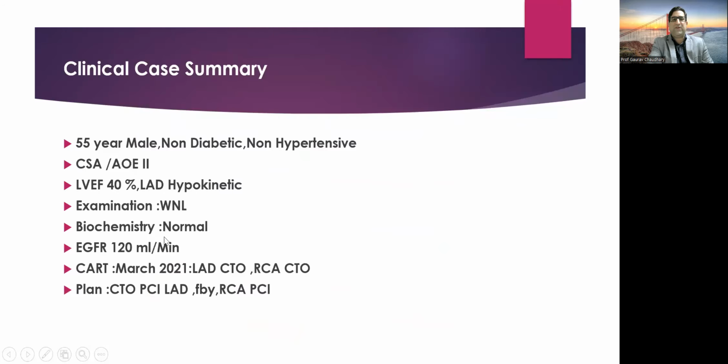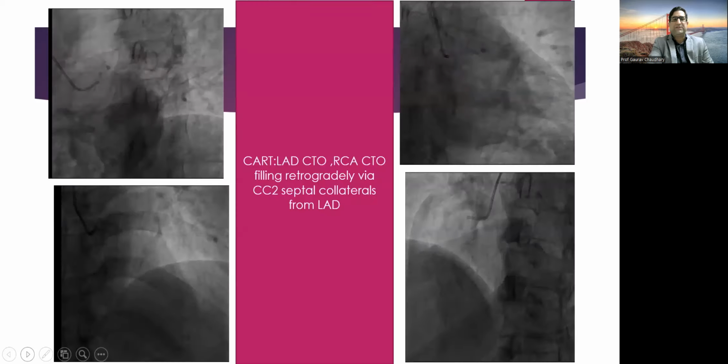this is the case history: a 55-year-old male, non-diabetic, non-hypertensive, with stable angina. He has an ejection fraction of around 40%, and the inferior wall was hypokinetic. The patient underwent an angiogram in March 2021, which showed CTO of the LAD as well as the RCA.